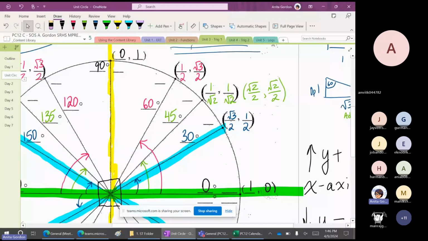So 0 is 0. 30 degrees is pi by 6. Pi by 4. Pi by 3. So go all the way around your circle. Make sure you have the degrees filled in. Make sure you have the radians filled in. And the rest of the time you have to work on your homework.